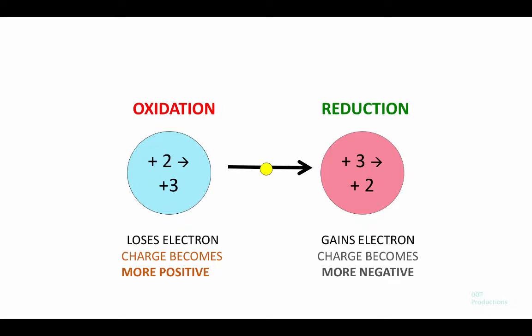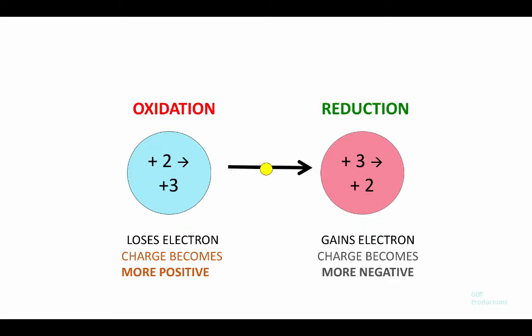We said earlier the charge becomes more negative, but another way to think of that is it's becoming less positive. Or you could say it's becoming smaller. That charge is being reduced. And that's actually where the term reduction comes from. We'll talk later about where the term oxidation comes from.